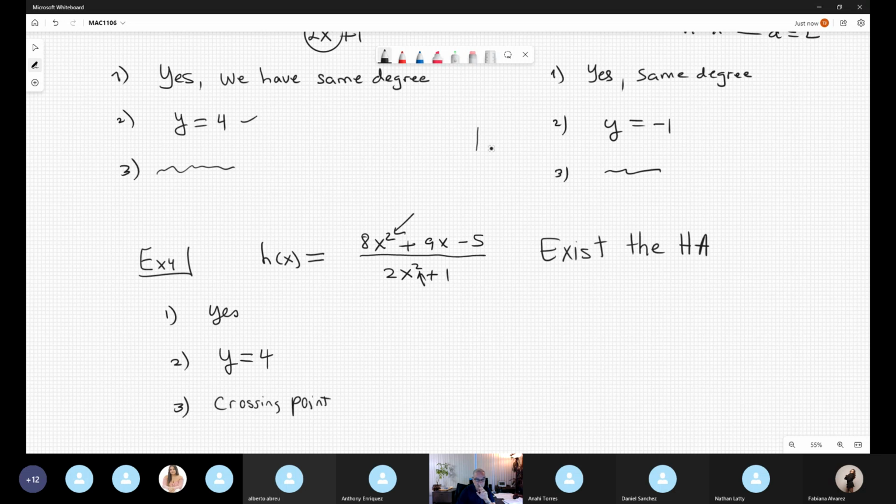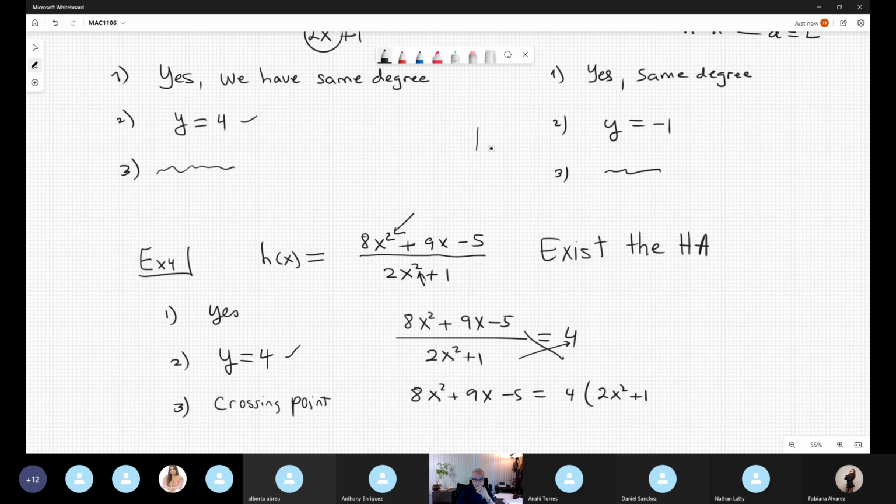So you copy the function that's given at the beginning, and you investigate if it's possible or impossible for it to be equal to 4. It's our value of the horizontal asymptote. You apply cross multiply one more time. 8x squared plus 9x minus 5 is equal to 4 times, parentheses, 2x squared plus 1.